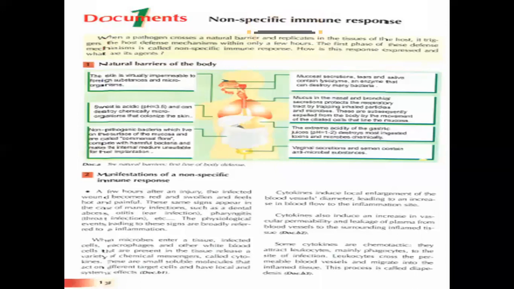We talked about the natural barriers of the body. Natural barriers include what? They include the skin, sweating, the mucosal secretions, the saliva, the mucus, the acidity in the gastric juice in the stomach, also the vaginal secretion in the female and the semen in the male. They contain antimicrobial substances. All of them are classified as natural barriers.